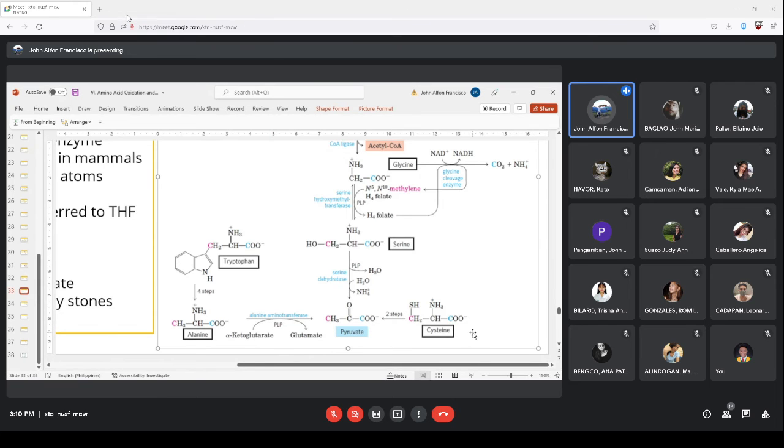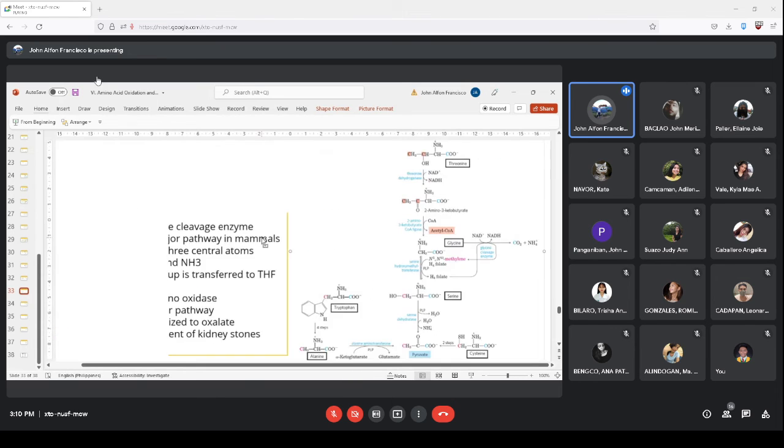Cysteine, your sulfur-containing compound, will be converted to pyruvate. This includes removal of your amino group and abstraction of your sulfur-containing compound. So this is just addition of water to remove NH3 and abstraction of sulfur. Okay?